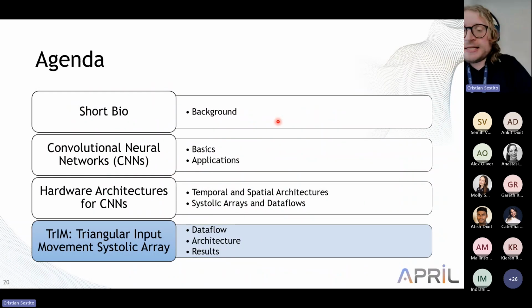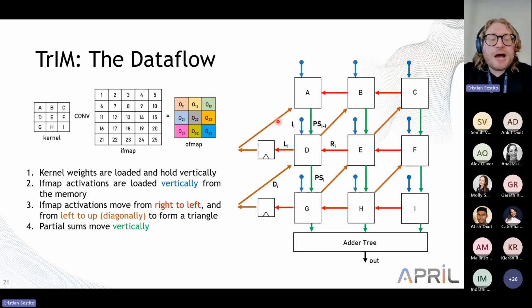So, considering this background, our objective was to find a suitable type of data flow and architecture able to reduce further the memory accesses to the external memory. And for this reason, we have TRIM, the triangular input movement systolic array. The key aspect of this systolic array is at the movement level.